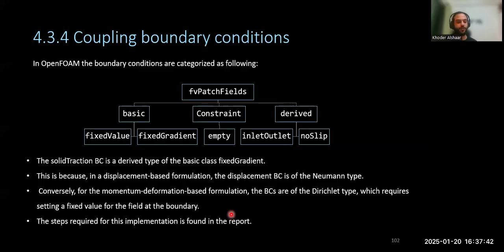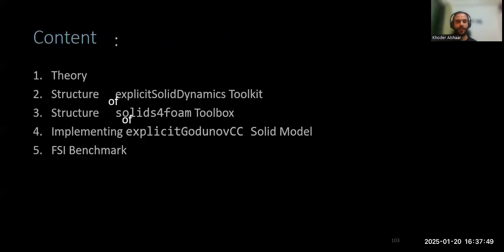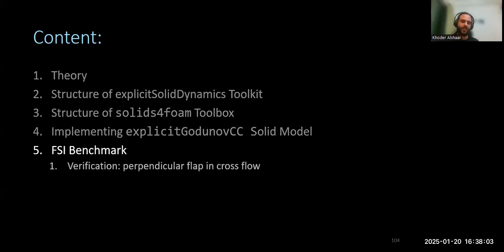All these implementation steps you can find in the report. Finally, this is basically the implementation. I hope it made sense to you, all these steps and the programming behind it, and the flowchart.